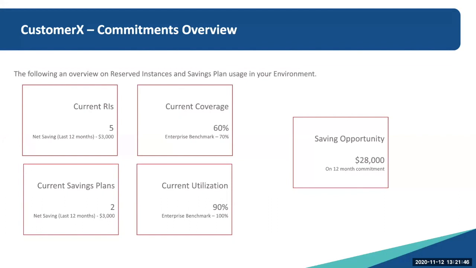The flip side of those, though, is if you reserve too much, or reserve something that you don't utilize, you'll still be charged for it. So there's a couple of key metrics that we look at in this space, and that's what your current reserved instances or your current savings plan look like, what the net saving has been in the last 12 months, and also what the coverage of the existing environment is.